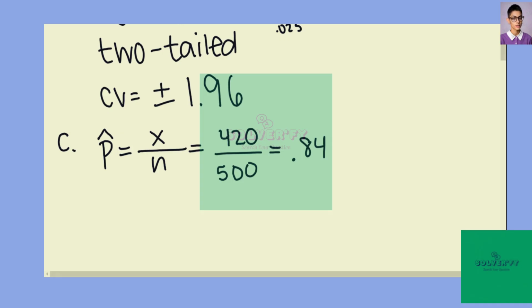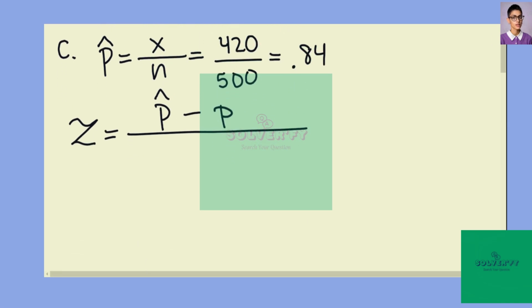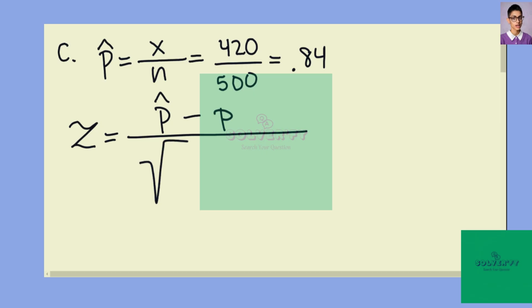We now need to find our z value. Z is given as p hat minus p over the square root of p times 1 minus p, also known as q, over n.